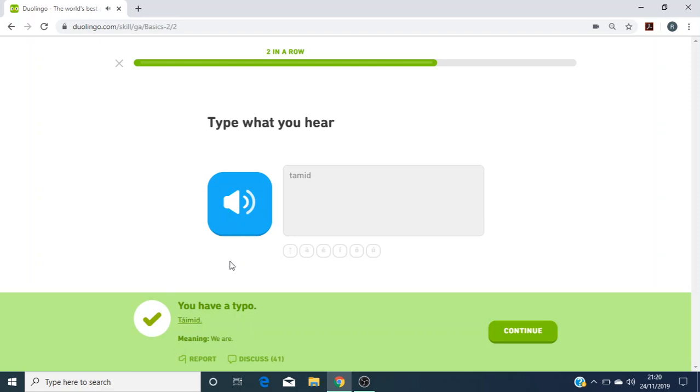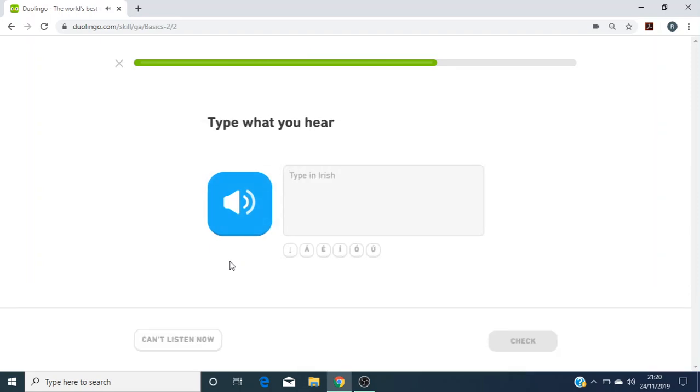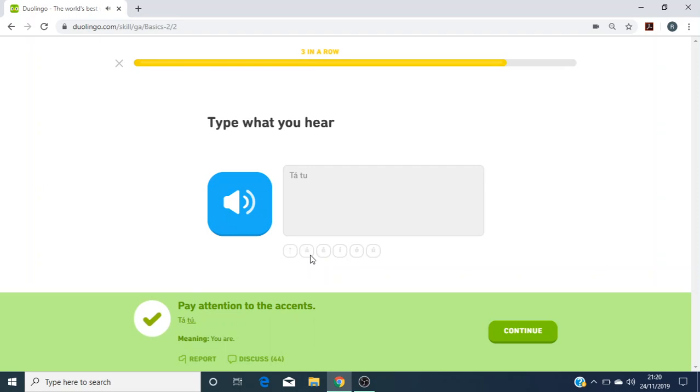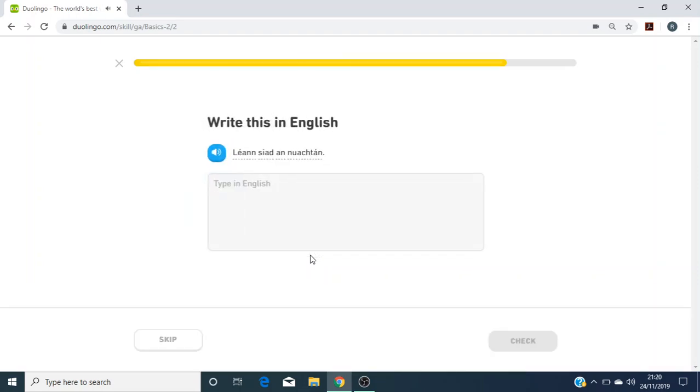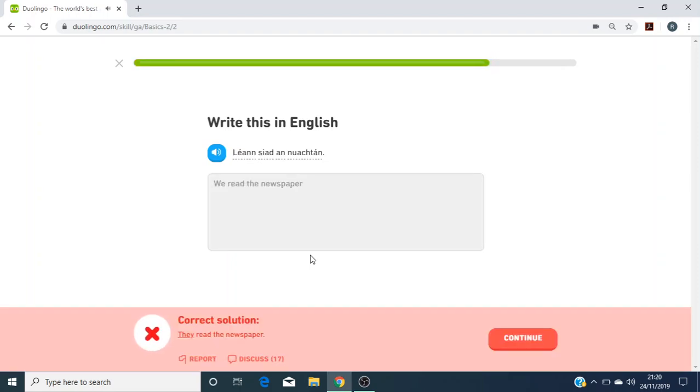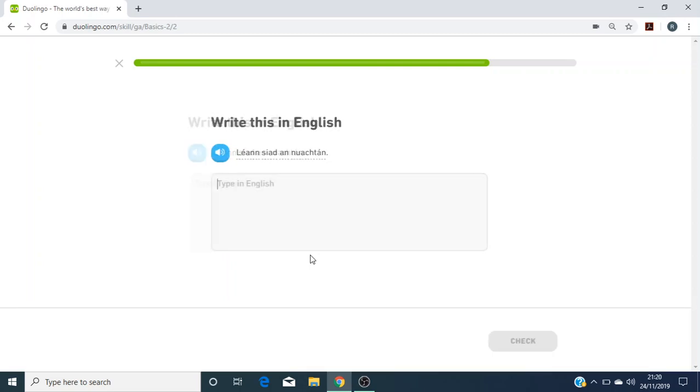Oh, yeah, but I missed out the I, and there's an accent on the A. Tá tú. Oh, there's an accent on the U as well. But léim siad an nuachtán. Yeah. We read the newspaper. No, it's they read. Why did I put we? I knew it was they. Léim siad an nuachtán. They read the newspaper.